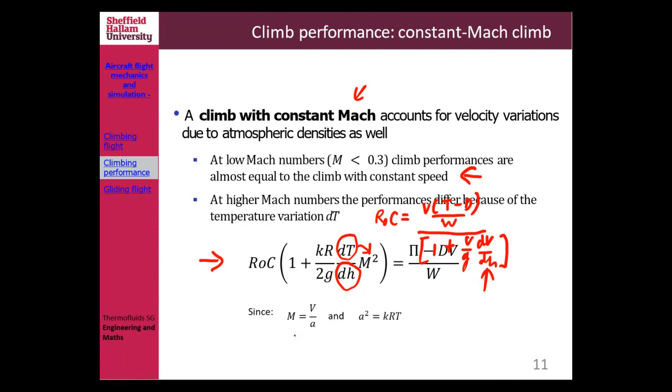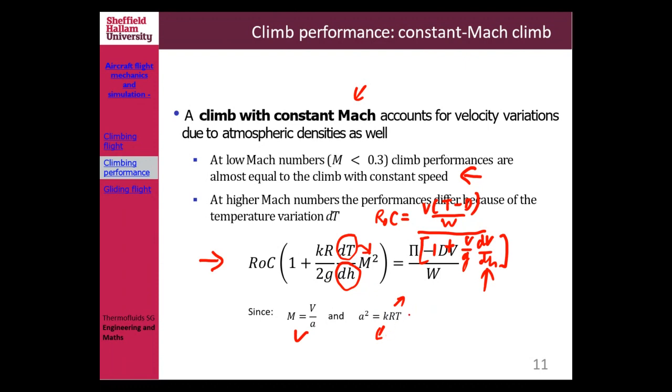Then you use the fact that Mach number is your speed divided by the speed of sound, where the speed of sound squared, a squared, equals kRT. I hope you know this individually. k is the ratio of specific heats, which for air is 1.4.